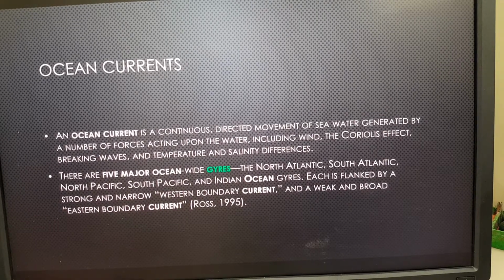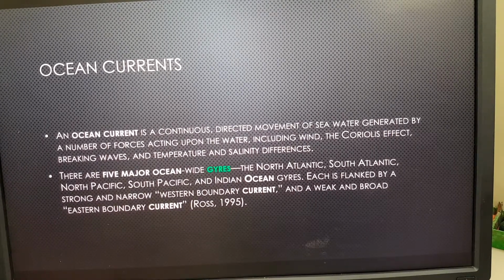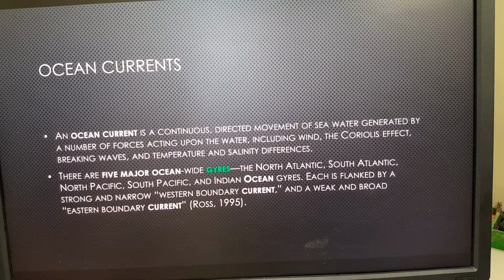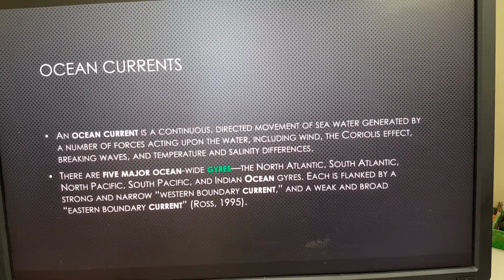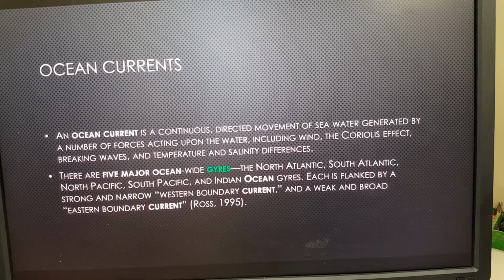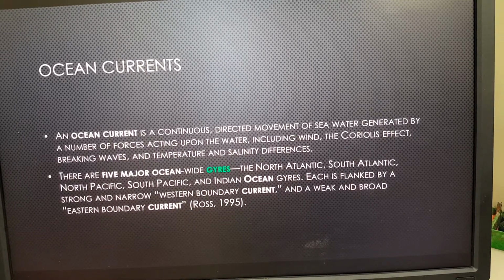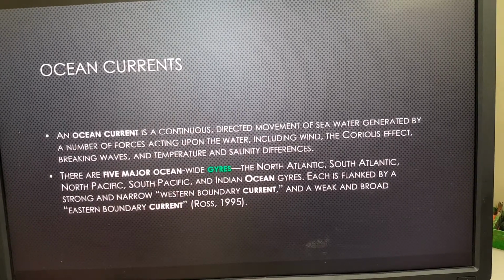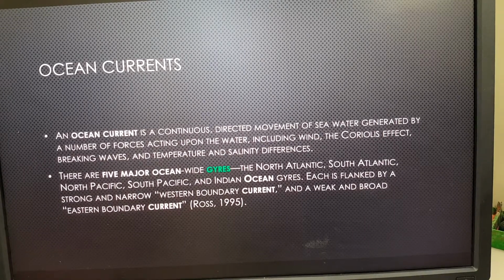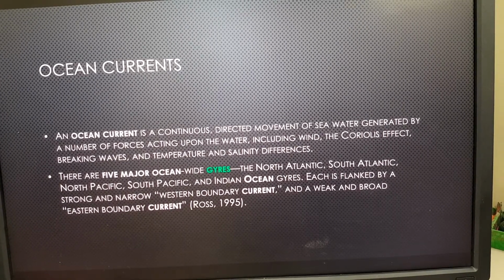There are 5 major ocean-wide, I think it's called gyres. I don't know the exact pronunciation there, but I think it's gyres. A gyre is a system of currents in the ocean.